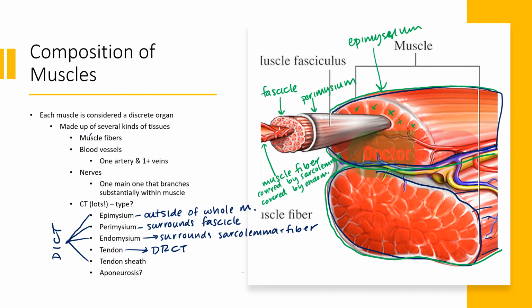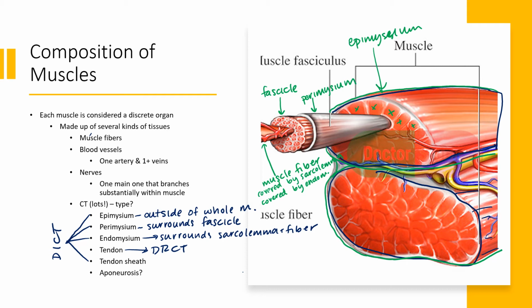So the endomysium around a single muscle fiber is super, super thin. All of them collectively will sort of blend into each other. So the endomysium of one muscle fiber that's next to another muscle fiber, those endomysia will sort of merge into one another and stick.